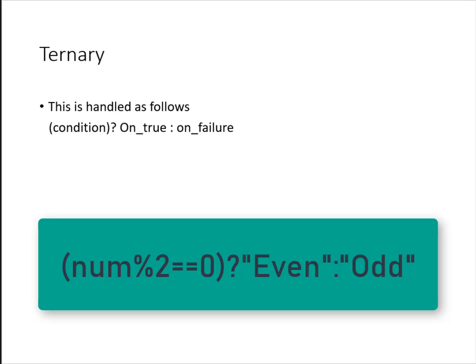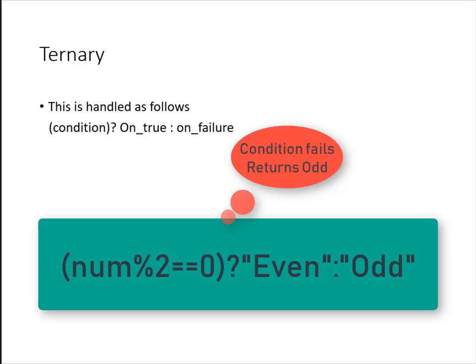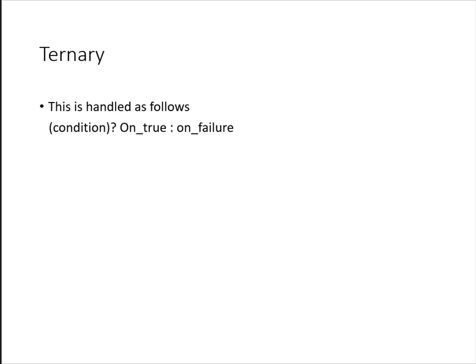Number %2 is written in parenthesis, which is compared to 0. If it is even, it will be true, otherwise it will be false. So on success we will return the message as even, on failure we will return the message as odd. This is how we use the ternary statement in our program.